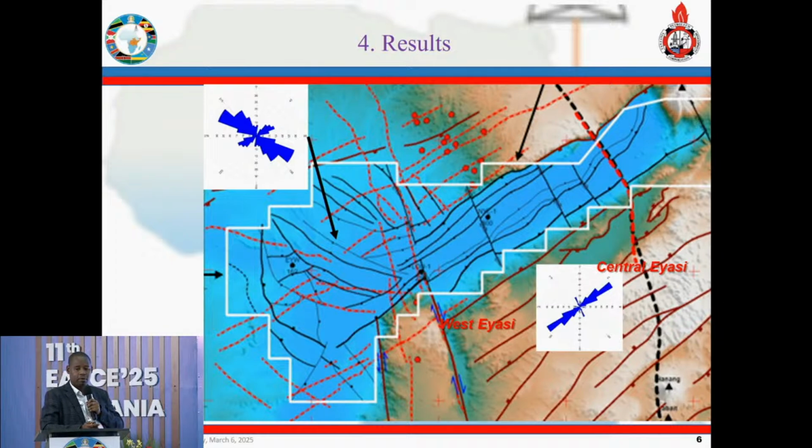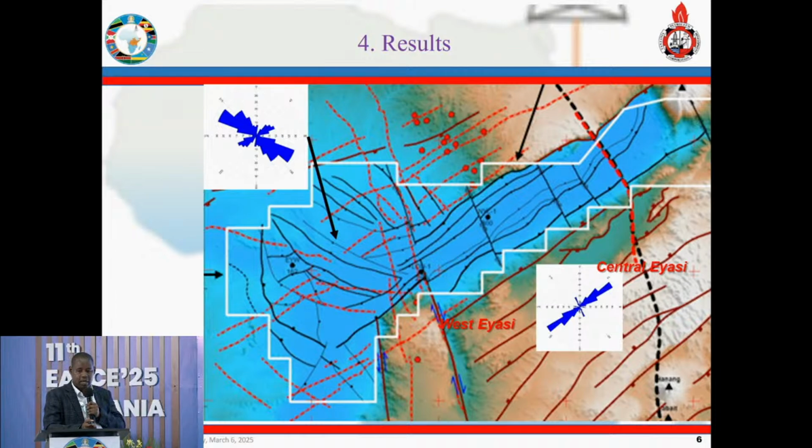There are some bounding faults. We also have some relays which separate some of the compartments of the basin. But there is a suture zone which also indicates a different type of geology. We have Archean, but also a Proterozoic belt on the eastern part.